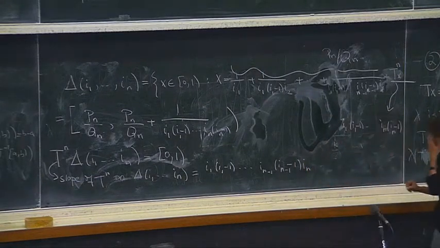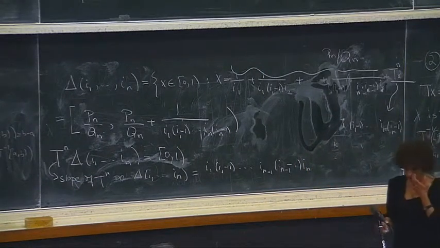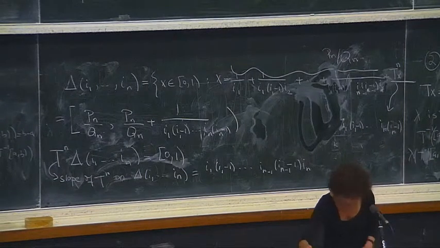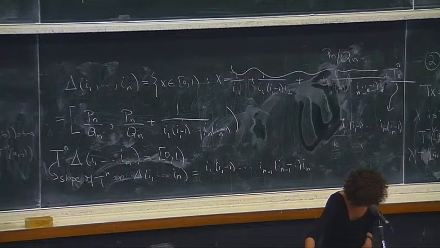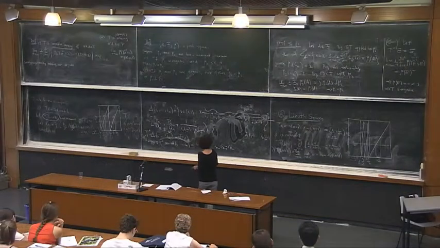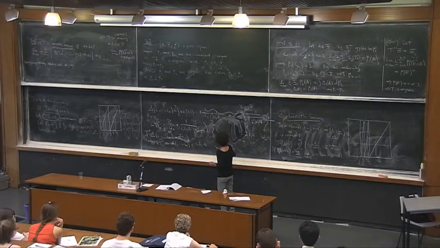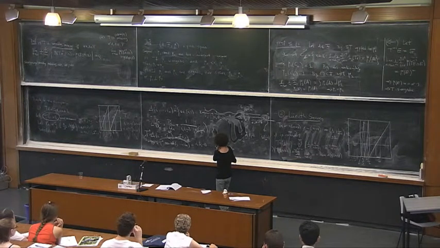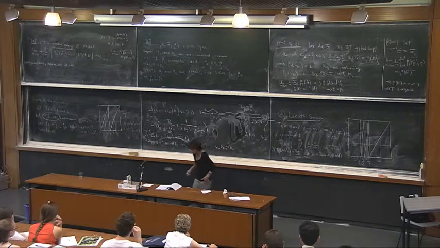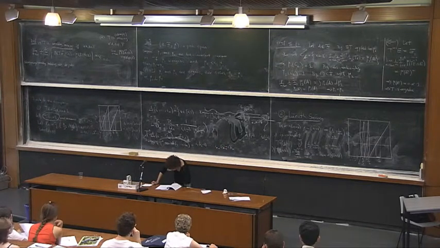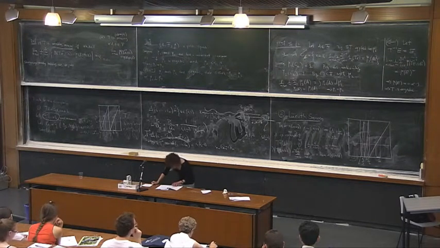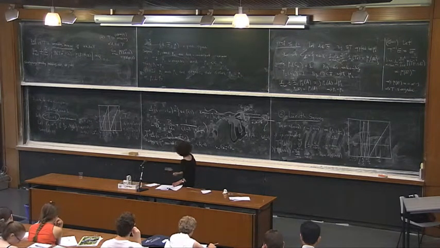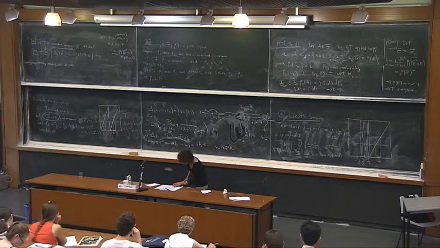So this is the slope of Tn on this delta. I think I made a mistake somewhere. Maybe it's this up to here. I don't know anymore. Let me see. I guess I'm saying that the slope is here, but it doesn't look right.